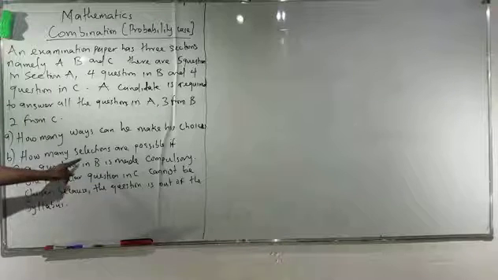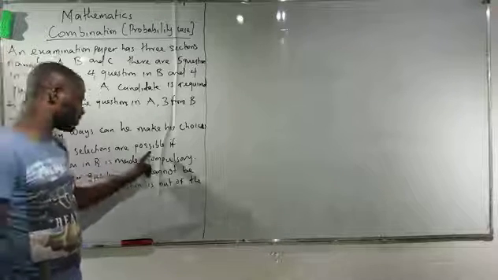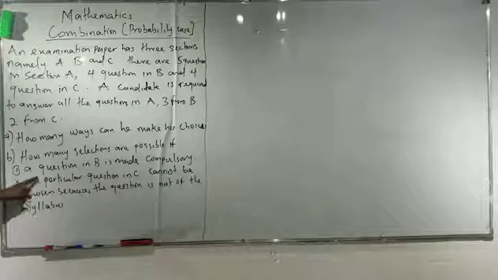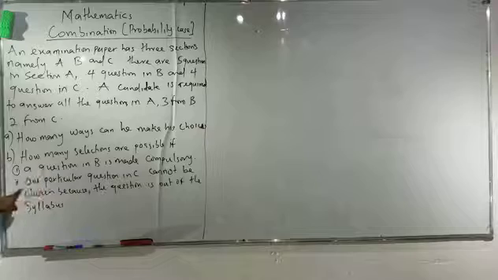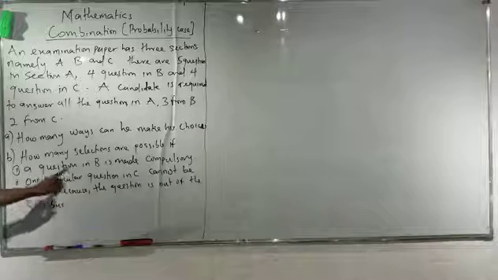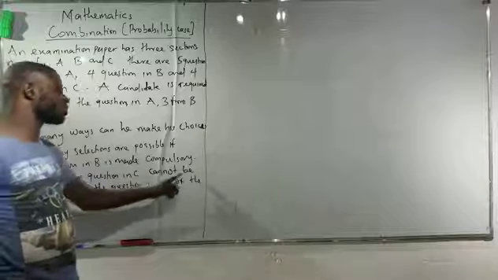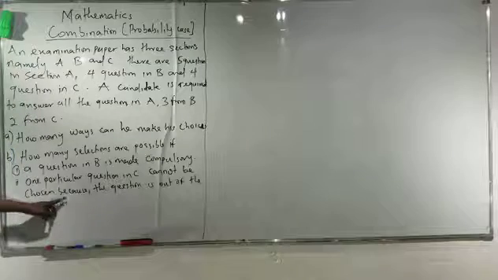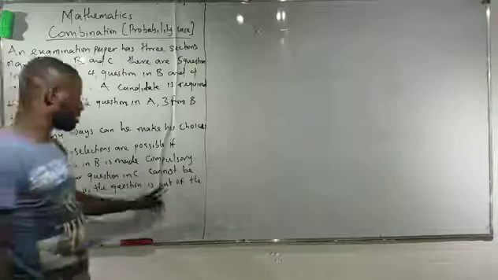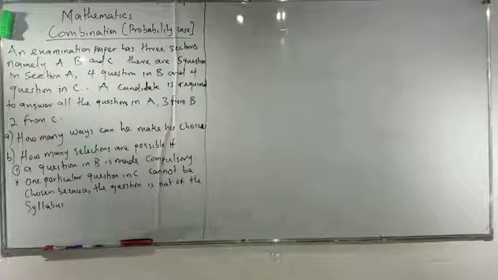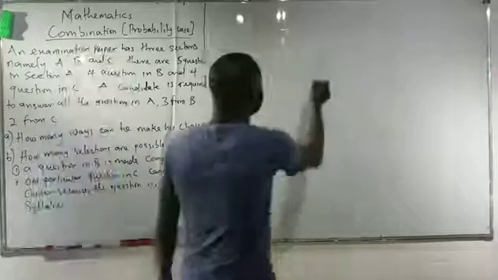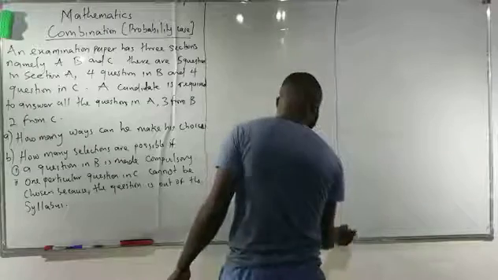How many selections are possible if, number 1, a question in B is made compulsory? 2, one particular question in C cannot be chosen because the question is out of the syllabus. Now, this is a problem that they can't see anywhere. Let's try to work around it and see what we're going to do.